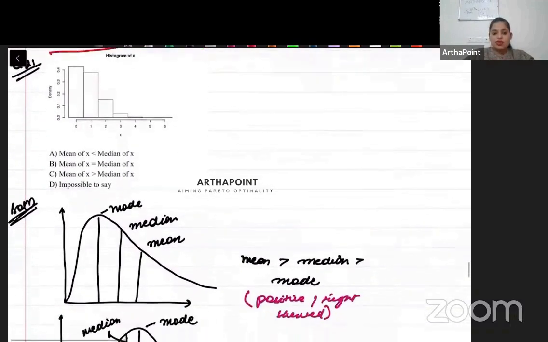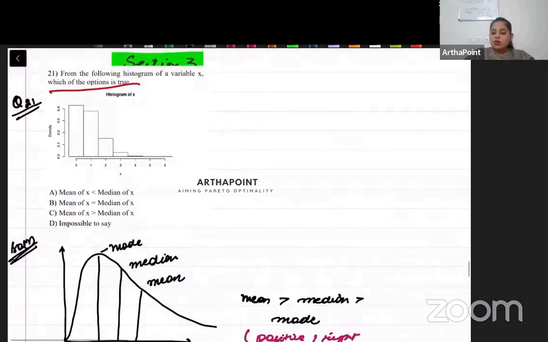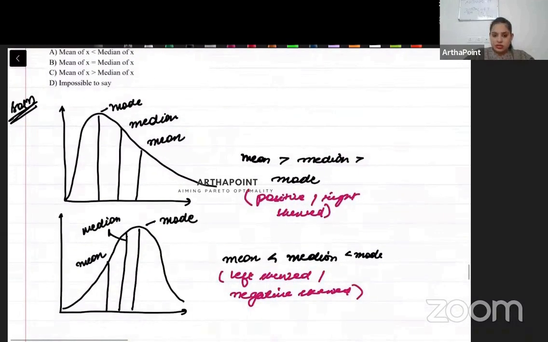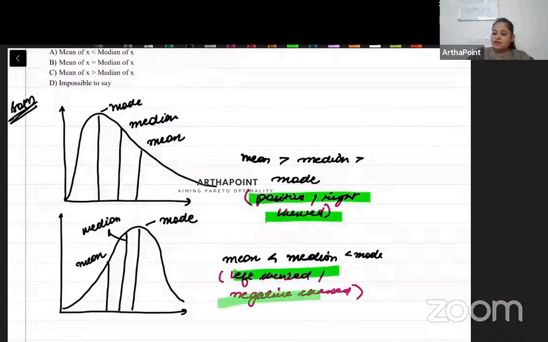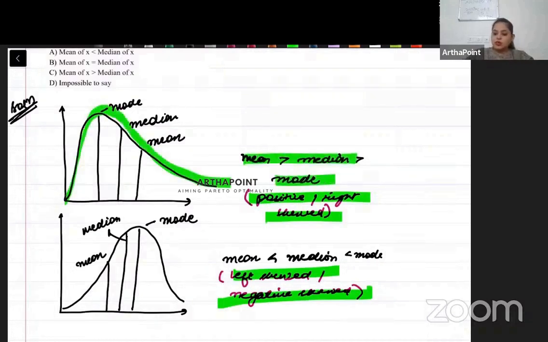Now, if you think about this, when I talk about the curves, there are two things that can happen. Either it can be positively skewed or negatively skewed. When it is positively skewed, then mean is greater than median is greater than mode, because mean is coming at the last, right? So this is mean, this is average value, this is median, this is mode.